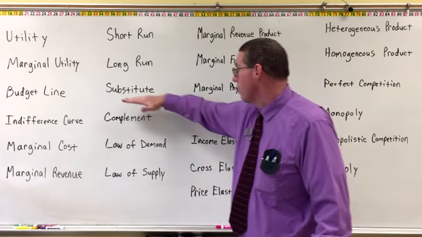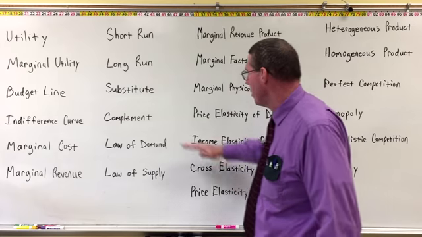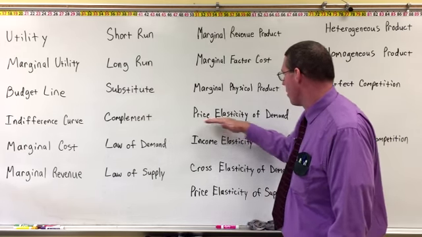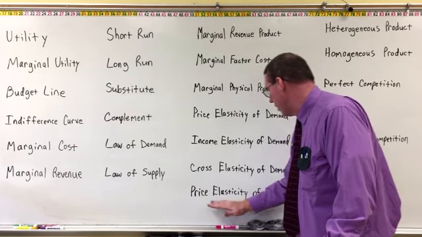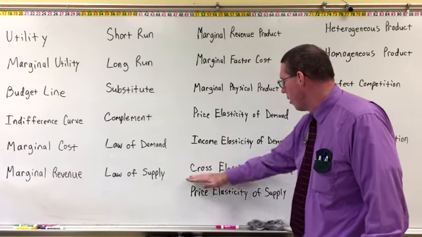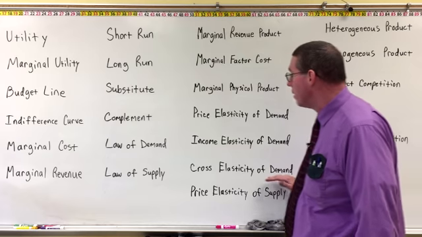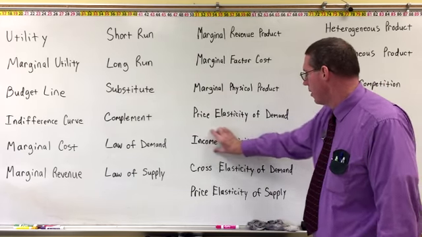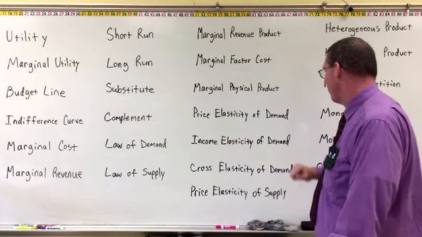So price elasticity of a substitute or complement, and then here's price elasticity. This one is price elasticity of demand, price elasticity of supply, and then price elasticity of demand for a substitute or complement product. Okay? And then this one right here is income elasticity of demand.